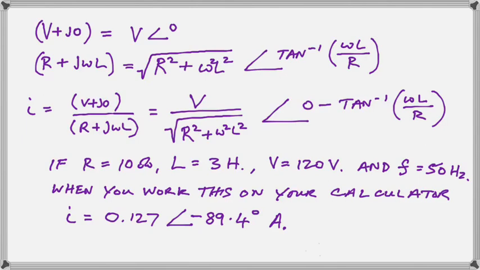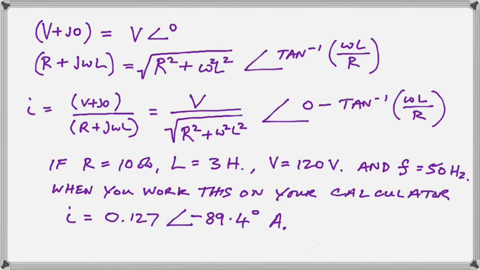We've done it symbolically with the letters, but if you wanted to do a real example with real values, we can take 10 ohms for the resistor, 3 henries for the inductor, 120 volts for the voltage, which is normal house current, and 50 cycles for the frequency. If you use those numbers and work this all out correctly in your calculator, you might want to do it just for some practice to see that you know how to do these things.